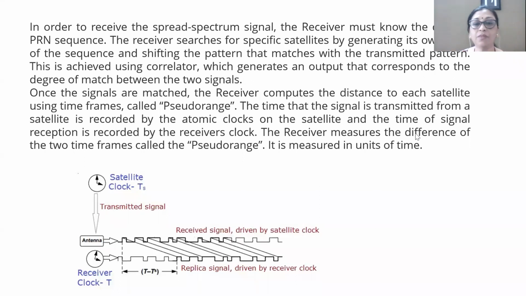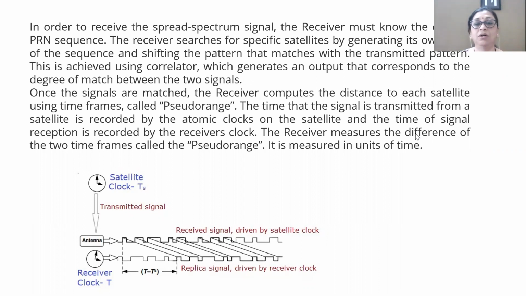Now, the time that the signal is transmitted from the satellite is recorded by atomic clocks on the satellite, and the time of the signal reception is recorded by the receiver's clock. So two clocks are involved here: one clock present on the satellite, which is an atomic clock, and another clock present in the receiver.